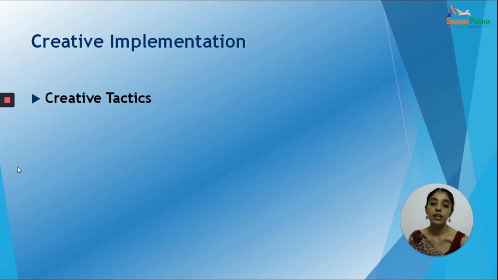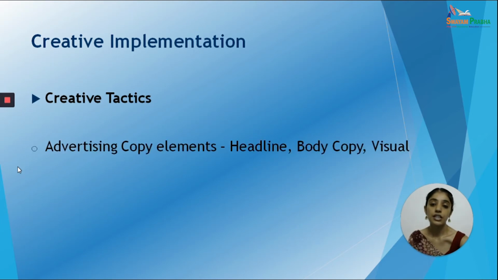The next part of creative implementation is creative tactics. Creative tactics means advertising copy elements and how they are used. Now you thought of using a rational appeal. That was your strategy. But what is the advertisement headline that you will use for this rational appeal? For instance, let us say that you thought of using an economy appeal.